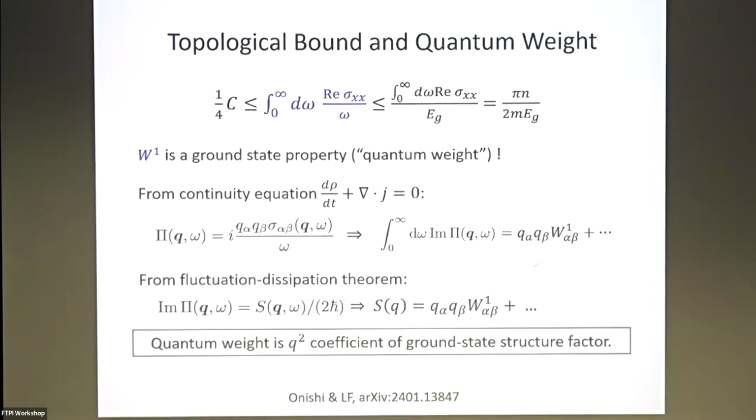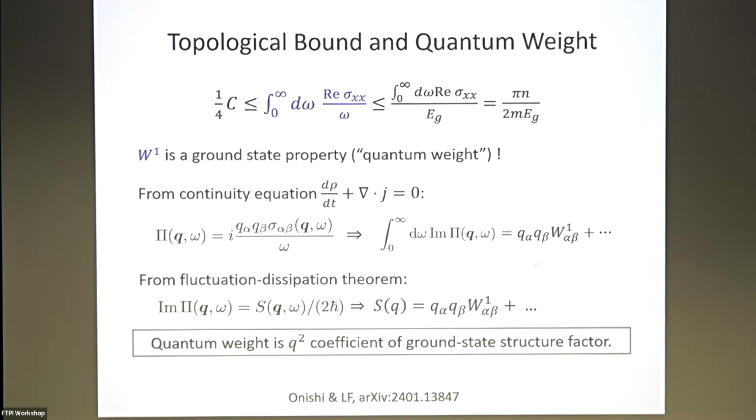Basically, if we look at the continuity equation, how the charge and current are related to each other when you apply a periodic potential, this tells us there's a relation between sigma xx, the longitudinal conductivity, and the density response function. In particular, the real part of sigma divided by omega is related to the q squared coefficient of the density response function.